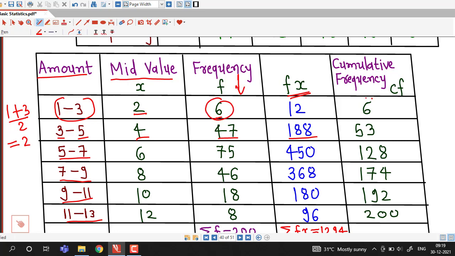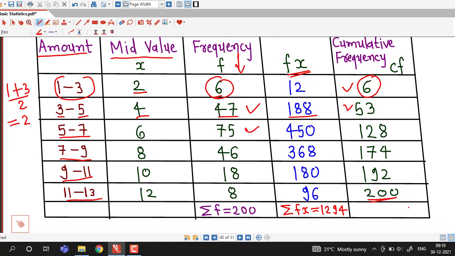First we write 6 as it is, then we add 6 and 47, which is 53, then we add 53 and 75 and so on, and the last cumulative frequency is 200. If we take the sum of all these frequencies, it is also 200. So this is the correct cumulative frequency. This last value must be equal to the sum of all the frequencies.